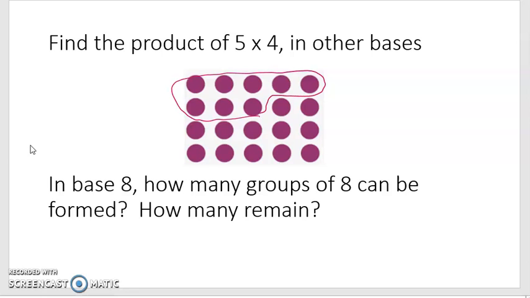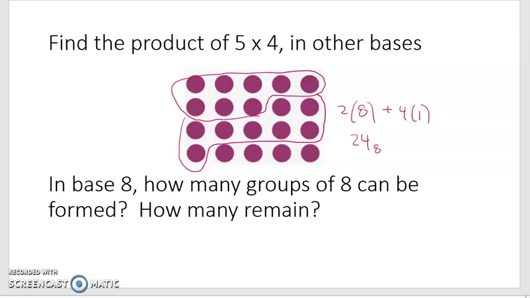Let's see, here is another group of 8, so I'll go all the way down there. So you've got 2 groups of 8, there's no more groups of 8, so there's 2 groups of 8 plus 4 left over. So 5 times 4 in base 8 is 24.